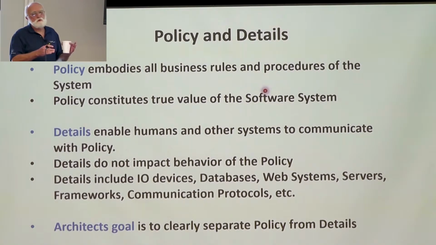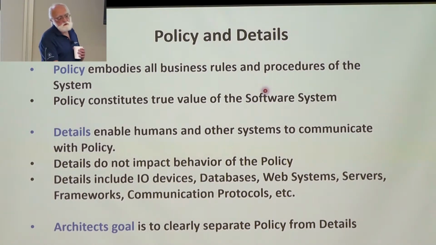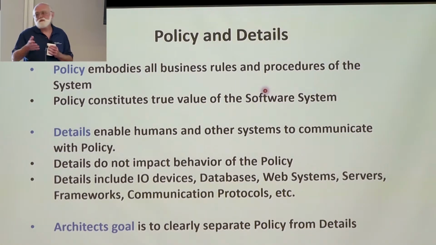Whether you talk to your banking system through a web UI or go to the bank and talk to a regular desktop interface. And our goal as architects is to clearly separate policy from detail. This is what John, I think, was talking about in his presentation too.